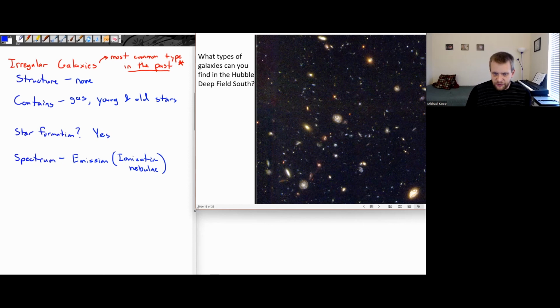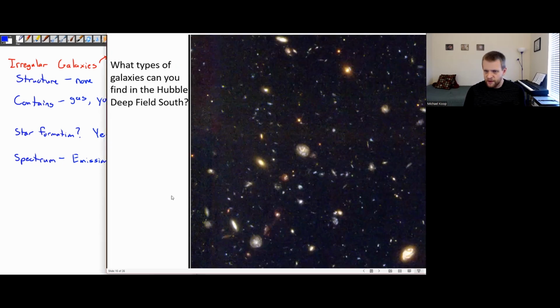This is an image. Let me zoom in on this once again. This is the Hubble Deep Field South, one of the longest exposures of the Hubble camera. And again, as the James Webb Space Telescope starts collecting more data and we go through the analysis and look at the spectra from that, we're going to get more and more detailed information about what these galaxies were like further and further away, or further and further into the past.